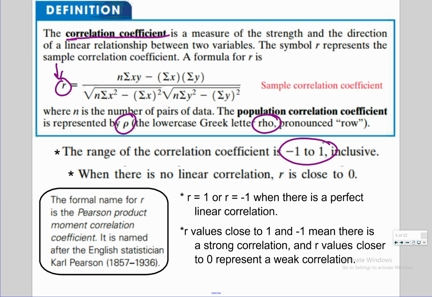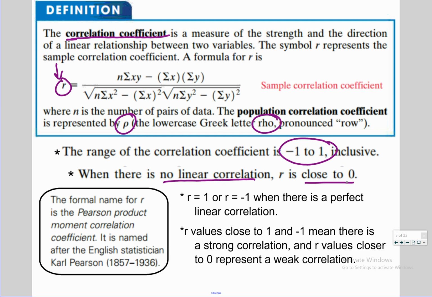When we have no correlation, we end up right between the two, with an R value close to 0. Then we have values that fall between 0 and -1 and between 0 and +1. The closer you are to the extremes, 1 and -1, we say it's a strong correlation. The closer you are to 0, we say it's a weak correlation.